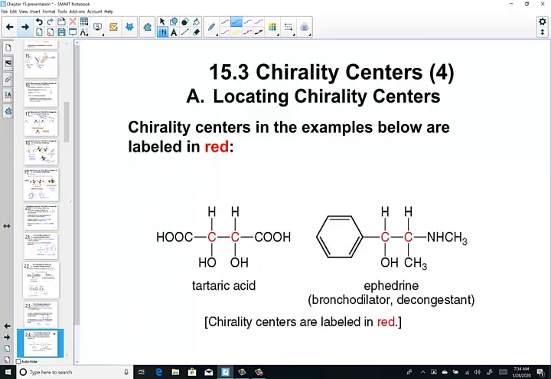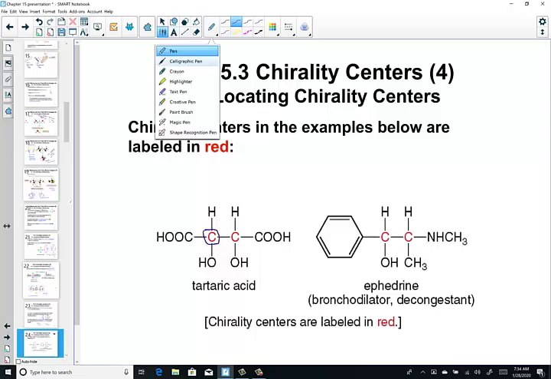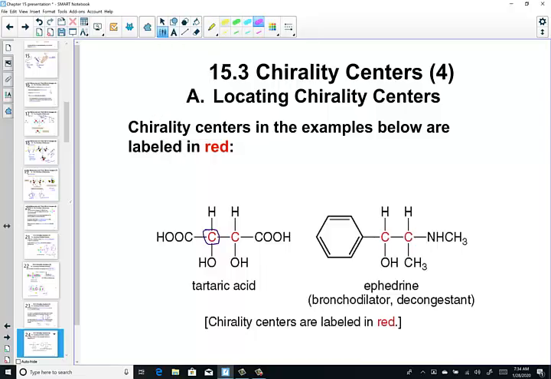These chiral centers in the examples are labeled in red. So let's examine this first carbon. Does it have 4 unique attachments? Well, the first carbon I'm examining, just remember this first carbon right here, it's leading to a hydrogen, a hydroxyl, a COOH, and a carbon.